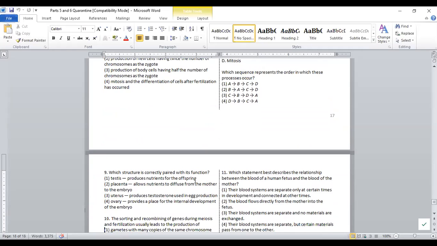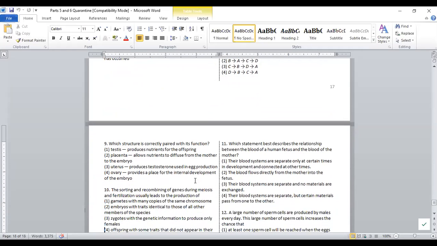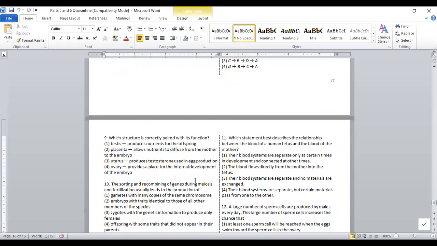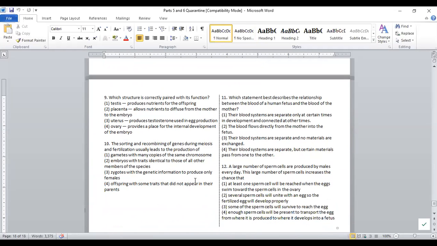9, which structure is correctly paired with its function? And that is choice 2, placenta, which allows nutrients to diffuse from the mother to the embryo. 10, the sorting and recombining of genes during meiosis usually leads to the production of offspring with some traits that did not appear in their parents. 11, which statement best describes the relationship between the blood of a human fetus and blood of the mother?